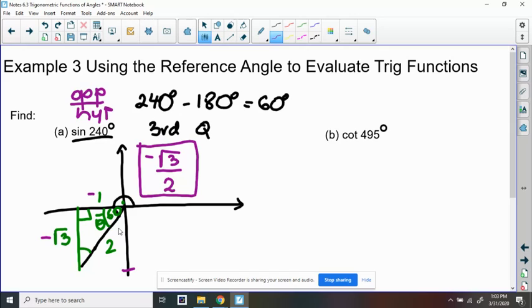Now, the second problem, B, is cotangent of 495 degrees. If we recall, cotangent is the inverse of tangent, so cotangent will be the adjacent over the opposite.